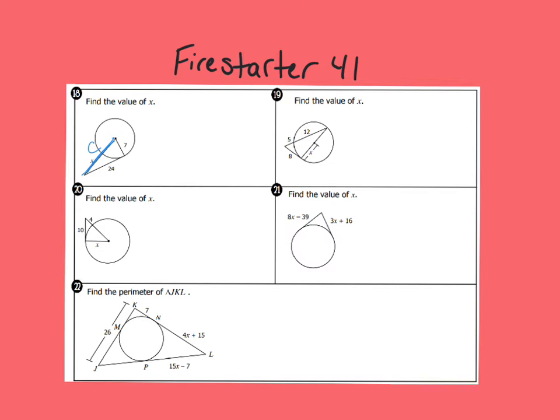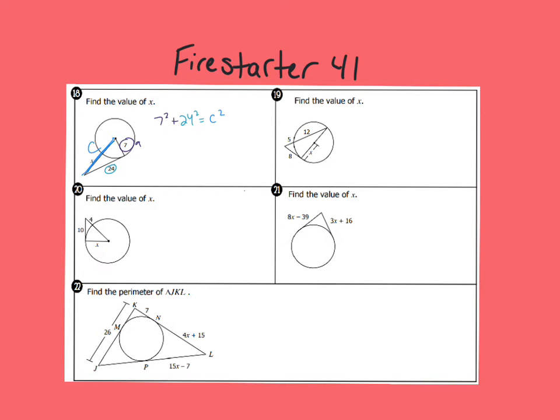I know that I have an a and I have a b, and I know that a squared plus b squared equals c squared. I'll find x after I find the whole length of c, because it will make some sense in a second.